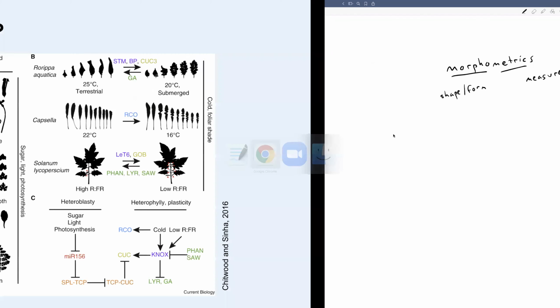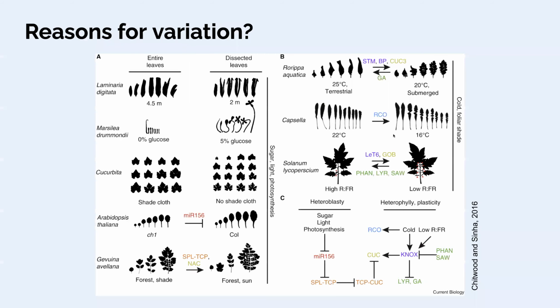This slide that I started showing you here has a lot that's due to the environment. So just a nice collection. You don't have to worry about the details here. There's lots of different plant species. This study was picking up information from lots of previous studies and just showing how different features can arise as a result of, as you can see here, differences in the sugar concentration of what they're growing in, or shade versus sun.